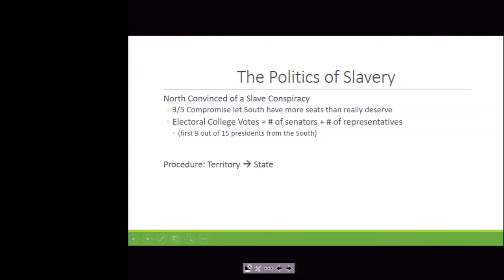This is a political issue. It starts to spill over into this question of manifest destiny. Should slavery extend to the territories? Because there is a procedure in place by which territories become states. So what is that procedure, right? A territory is originally defined and created.